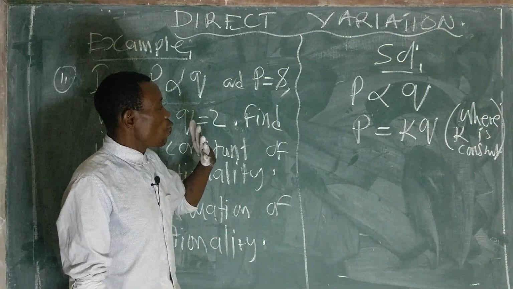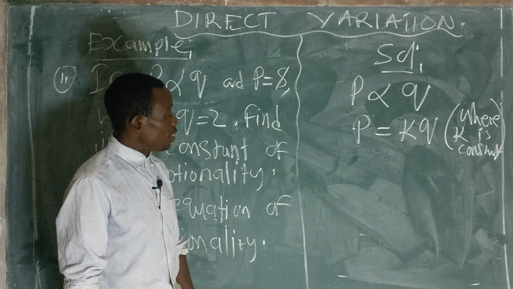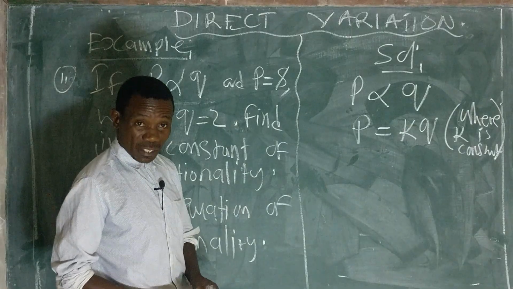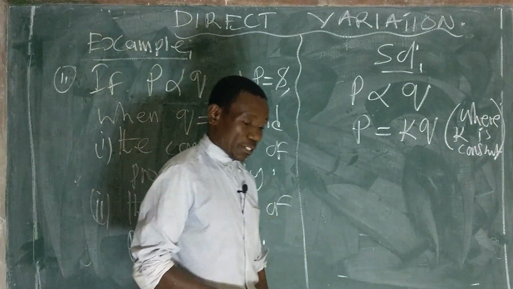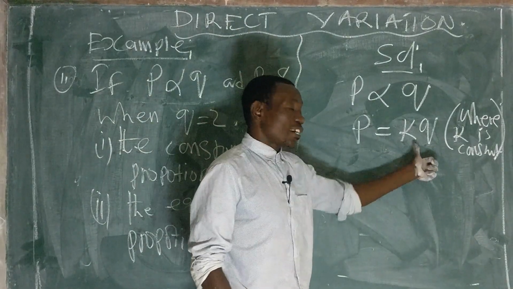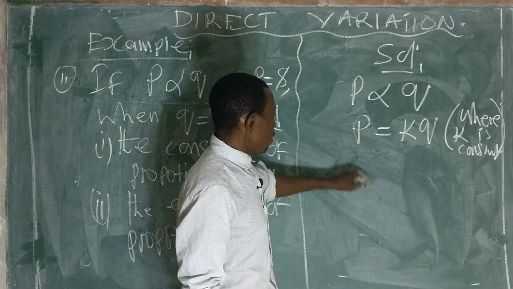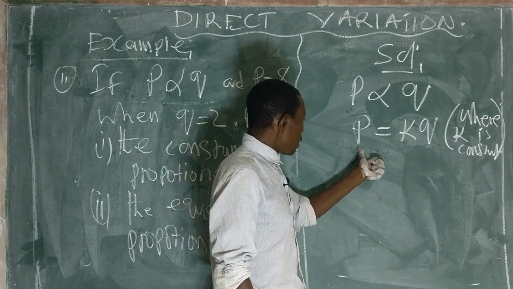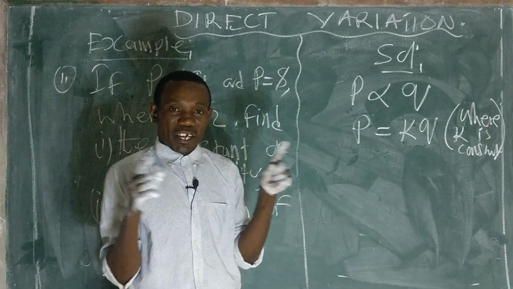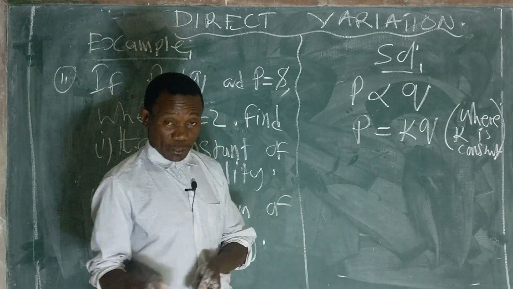So now, let us find the value of K immediately, and we have to know what the value of K is that is controlling P and Q in this case. To do that, you should first of all know the value of the quantities under discussion. What is the value of P? What is the value of Q? If P is there and Q is there, then definitely K must be within, and you can take it out.